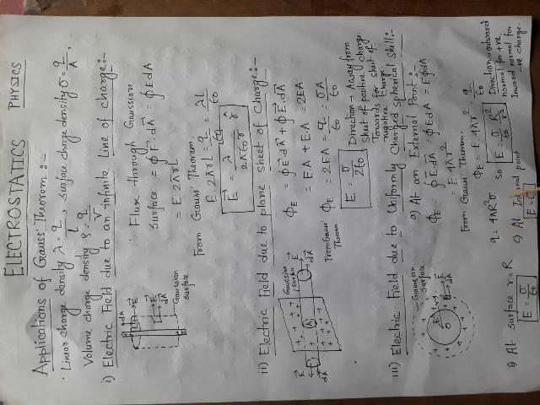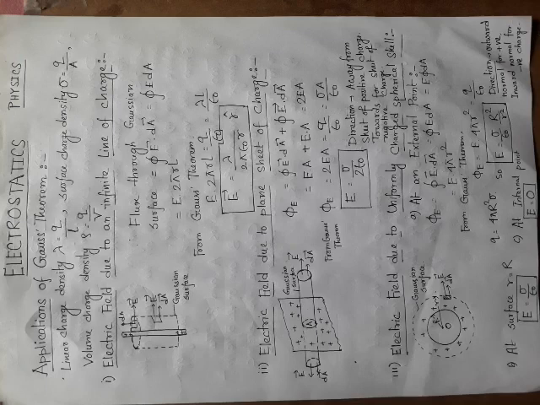So if we replace the value of Q, then E is equal to sigma by epsilon naught into capital R square divided by small r square, where capital R is the radius of the actual sphere and small r is the radius of the Gaussian surface at the point where we want to find the electric field. The direction is again outward for the positive charge and inward in case of negative charge.